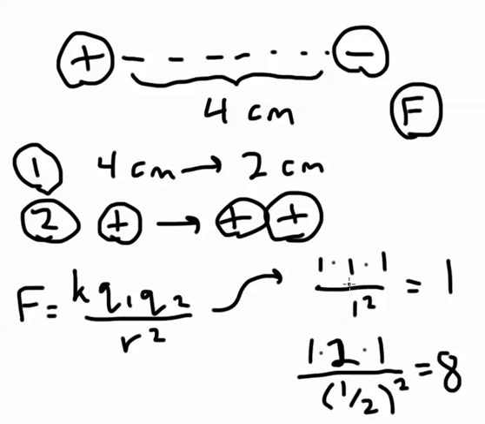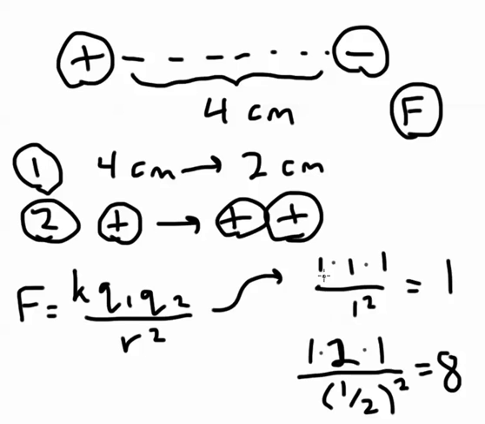Now, the thing to be clear about with all these proportional reasoning problems is that this method only works in problems where you are multiplying or dividing one variable and finding out what happens to the other variables. It does not tell you an actual force in newtons. So this 8 doesn't mean 8 newtons, and the 1 doesn't mean 1 newton.